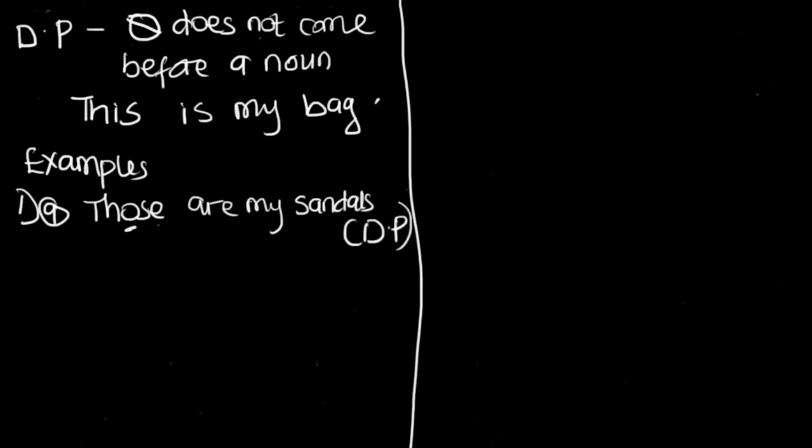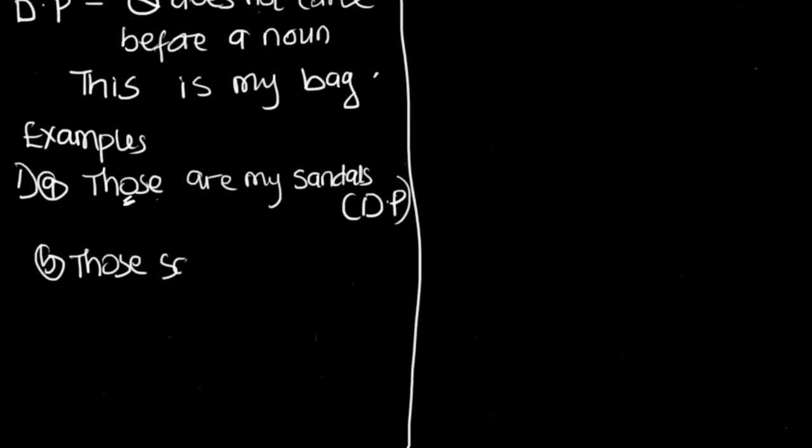So this is a demonstrative pronoun because those did not come before a noun. Let's take another example. Those sandals are mine. This is what? A demonstrative adjective, because it's coming before sandals.